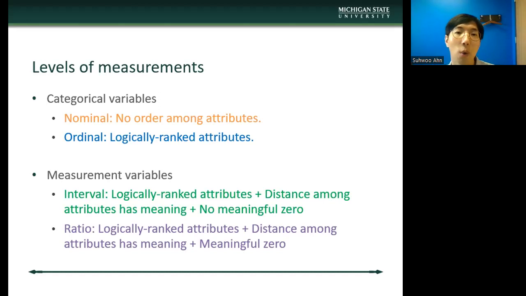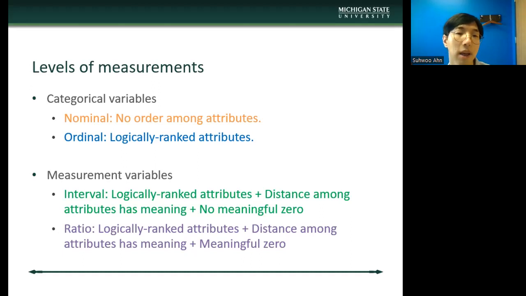First, the characteristic of the nominal measure is that there's no order between attributes. The attributes of the variables are simply distinct from one another. So let's think about gender, male and female, or where I come from, Michigan, Wisconsin, Illinois. There's no order between these items. They are simply different or distinct from each other.